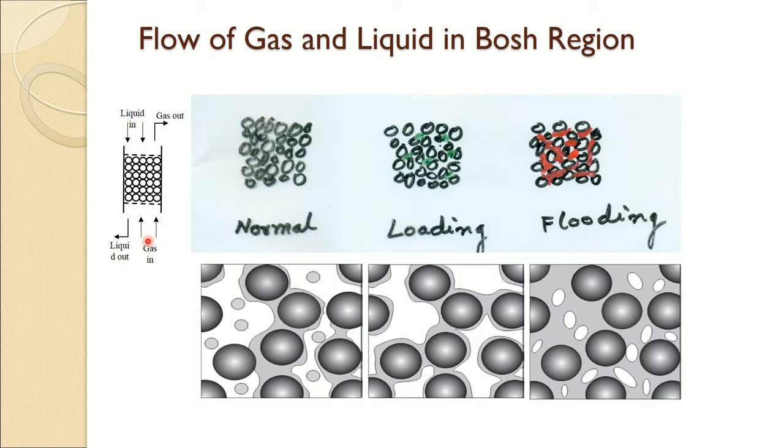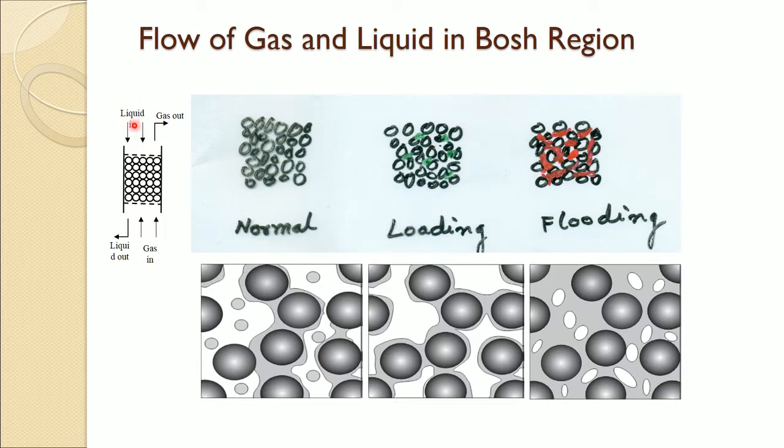But if you increase the gas flow, you will find that some liquid is now hanging in between the voids of the packing, and that condition we usually call loading.